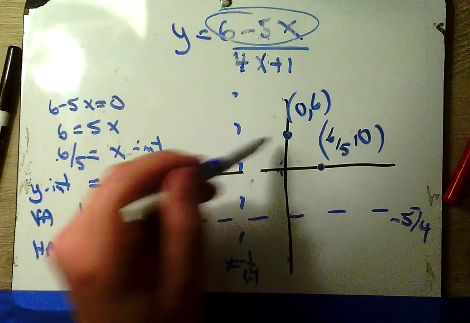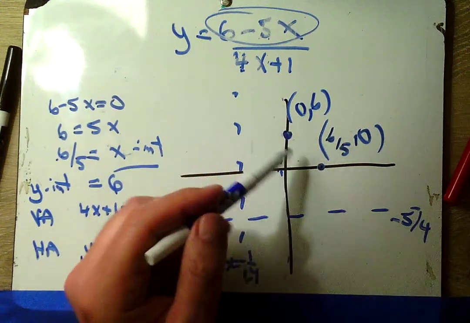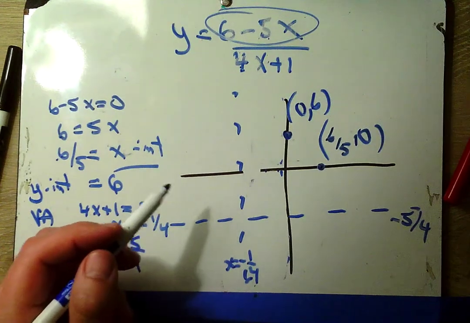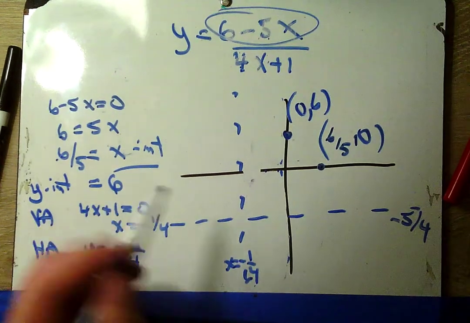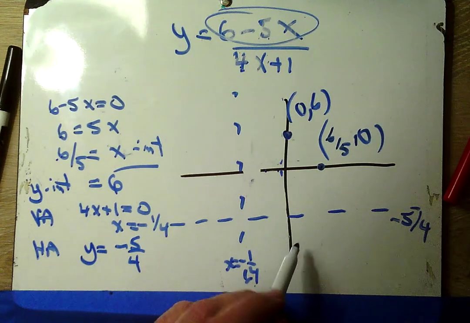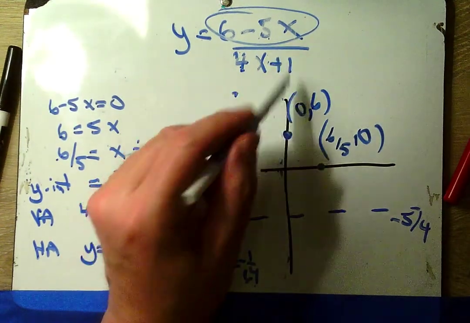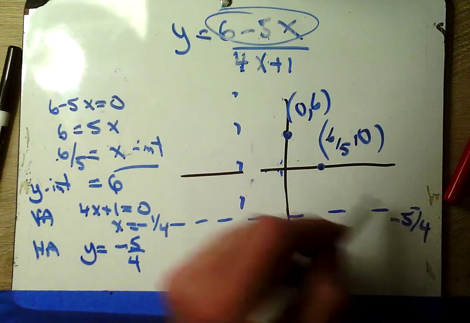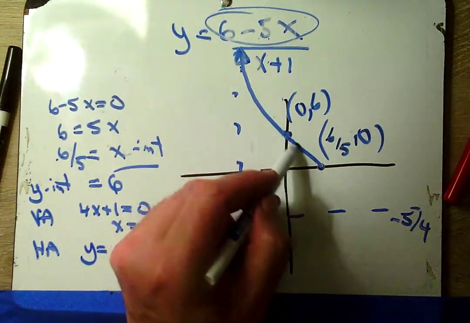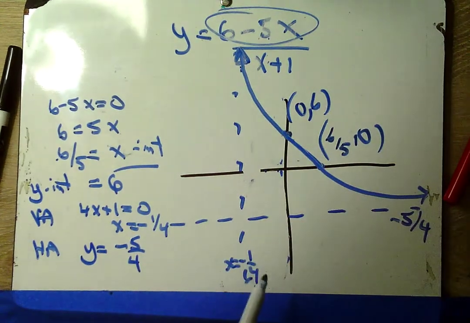Another reason to not make the little tick marks is so that we can have enough space to see things and to draw things. If you make this wicked close to this, it's going to be really hard for you to do anything but go straight up. And we know we're not going to go straight up, because once we connect those, we're going to bend to that asymptote and bend to that asymptote.